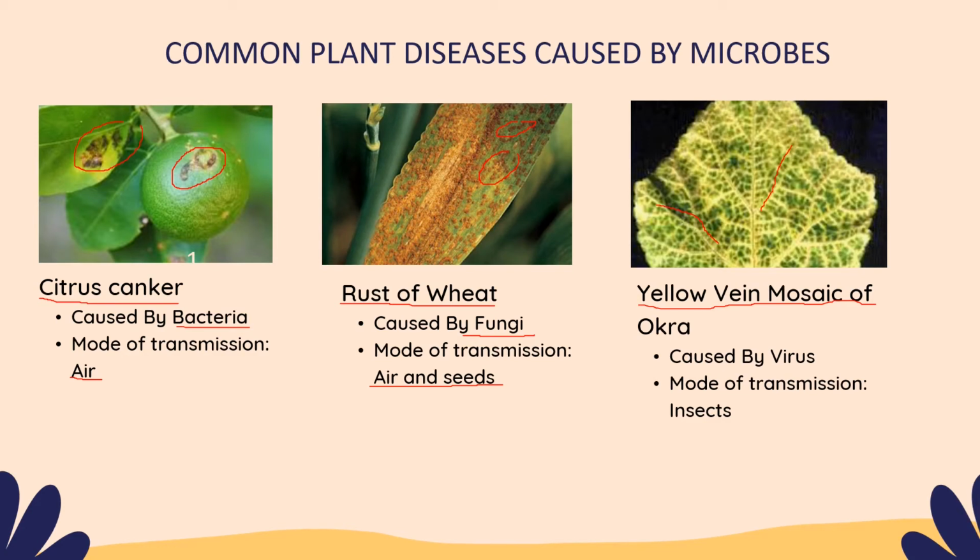So this is yellow vein mosaic of okra. This is a viral disease and it gets transmitted through insects. The insects keep on sitting from one plant to another plant. So when they sit on the leaves of one okra plant, they can carry this virus to another okra plant.